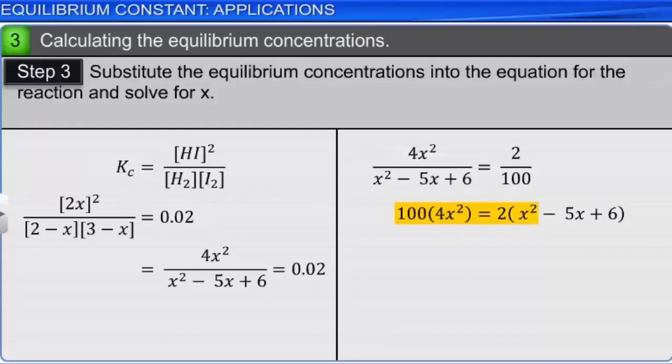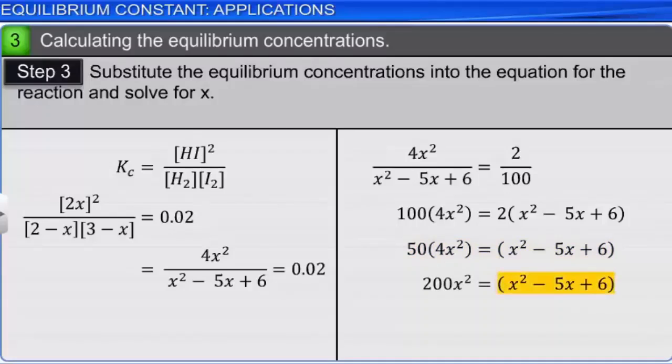On crossing off 100 with 2, we get 50 multiplied by 4x squared is equal to x squared minus 5x plus 6. This becomes equal to 200x squared is equal to x squared minus 5x plus 6.